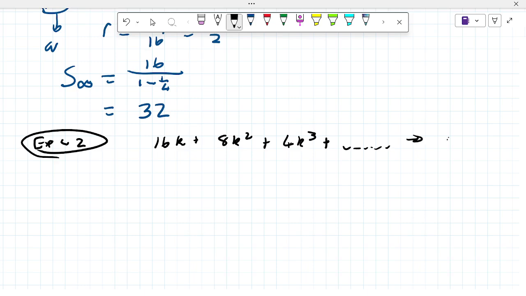Now they ask, number 1, for which values of K will the series converge?